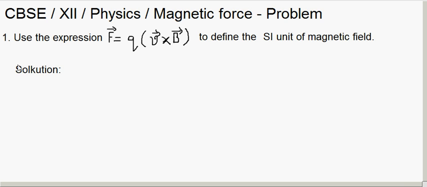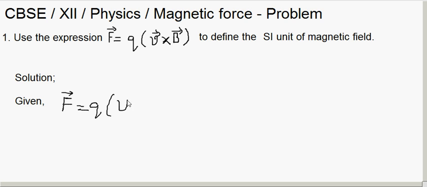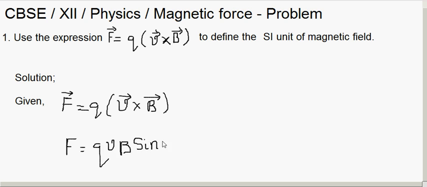Now here given F is Q into V cross B, and we know the magnitude of F is Q into VB sin theta.